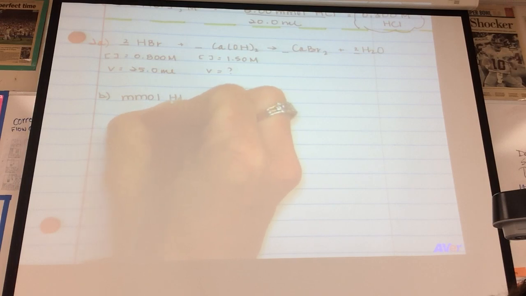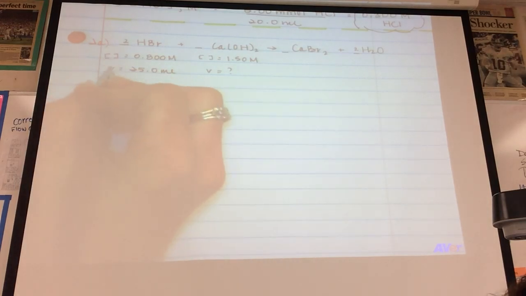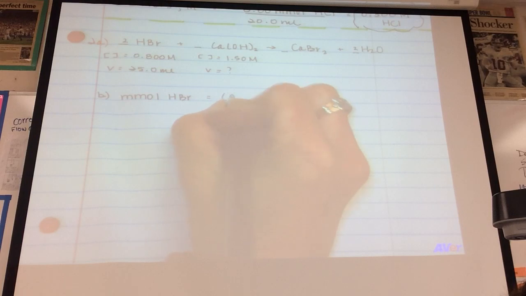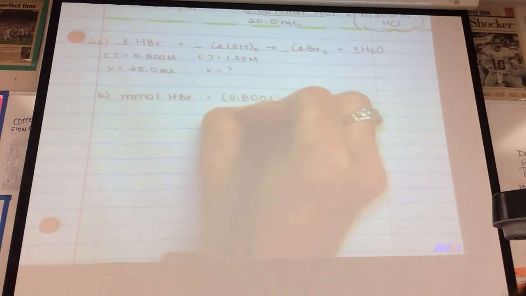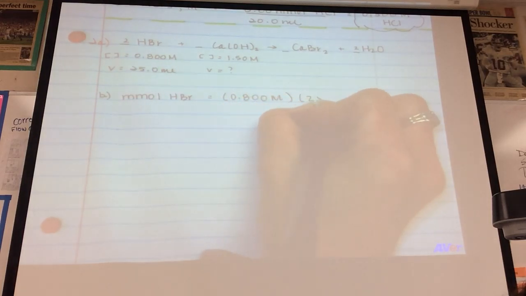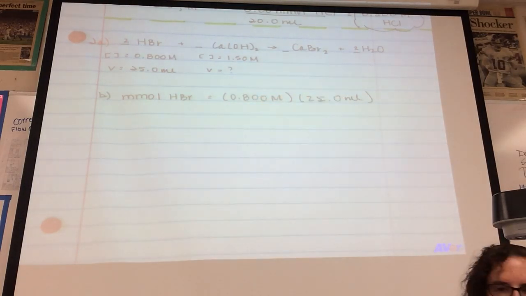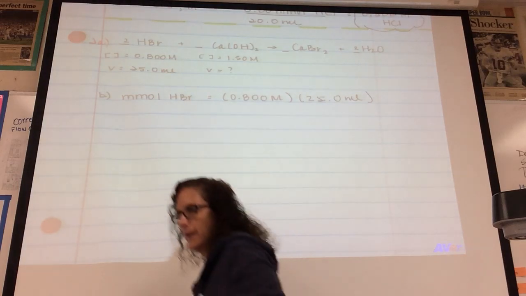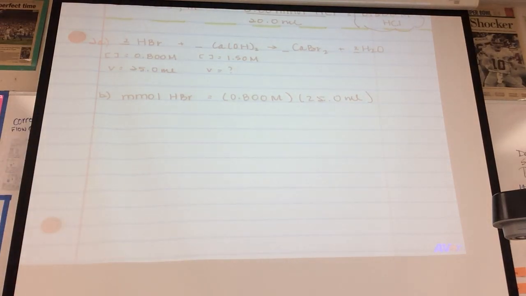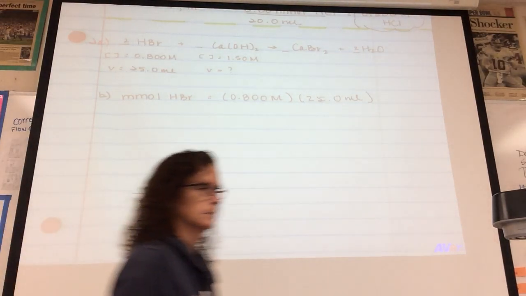Acid, because I know both the concentration and the volume. So you're just going to multiply here. And step B can lead right into step C if you don't want to write it down twice.